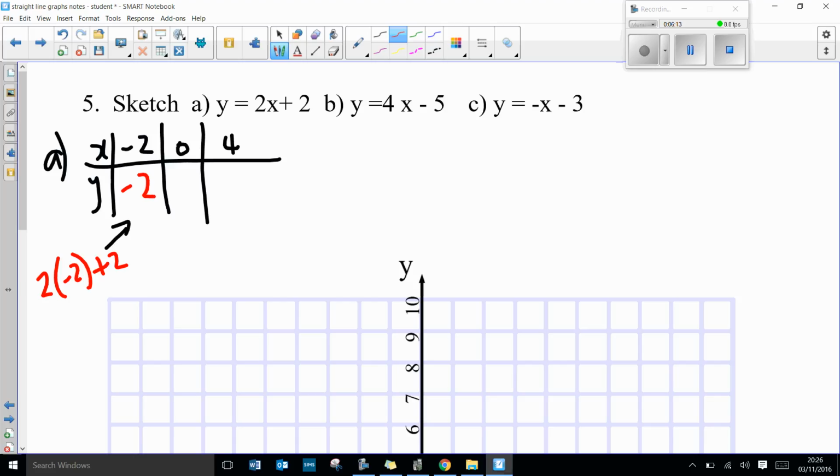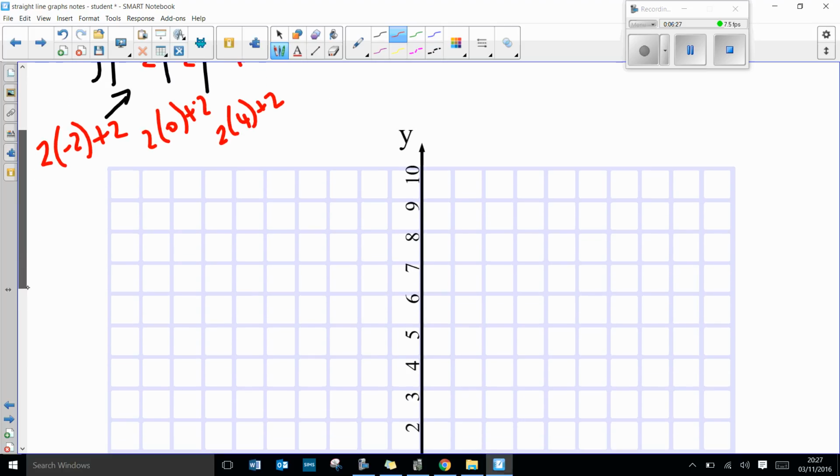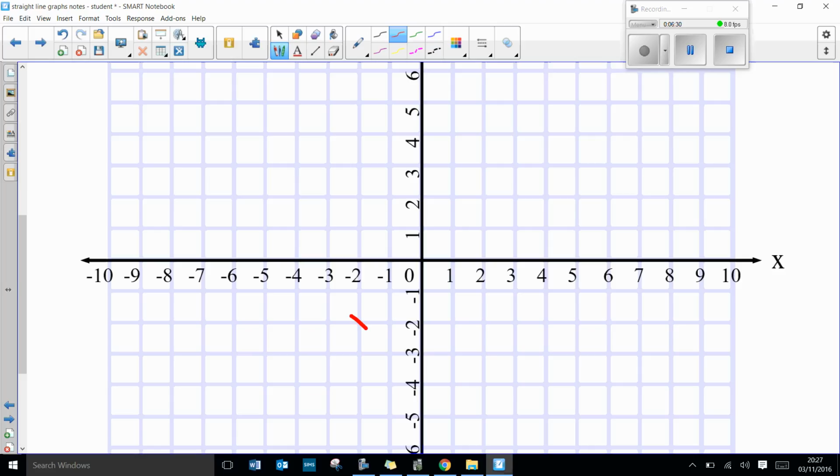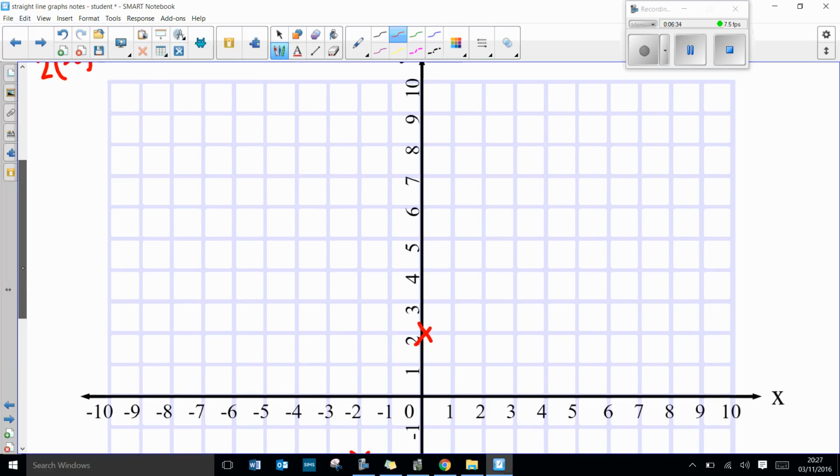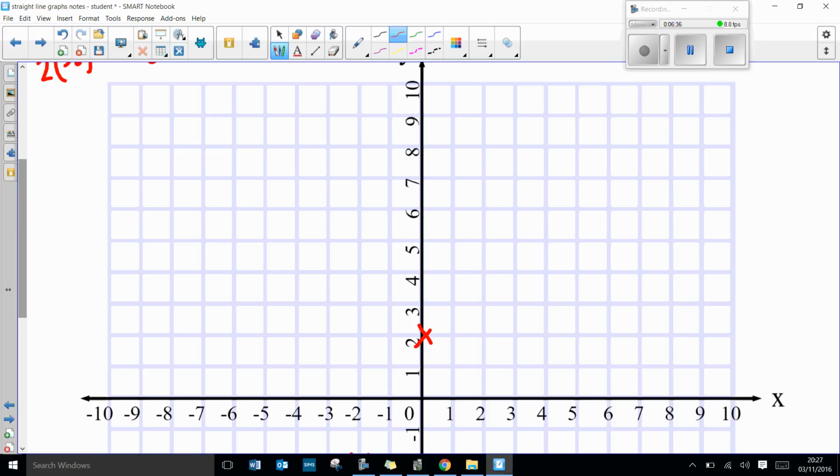For this one, 2 times 0 plus 2, which is 2, and 2 times 4 plus 2, which is 10. So we have our 3 coordinates, negative 2, negative 2, 0, 2, and 4, 10.